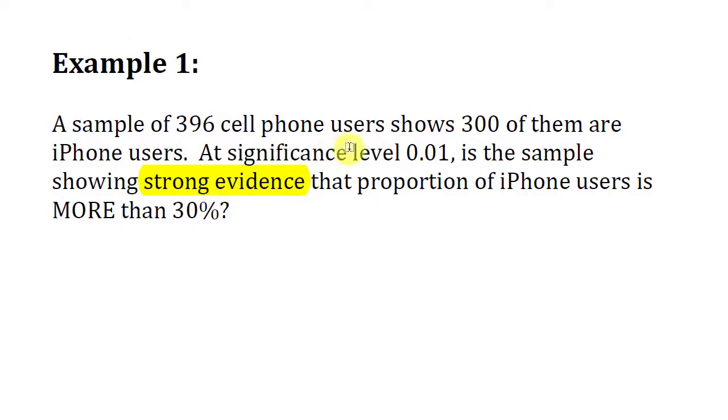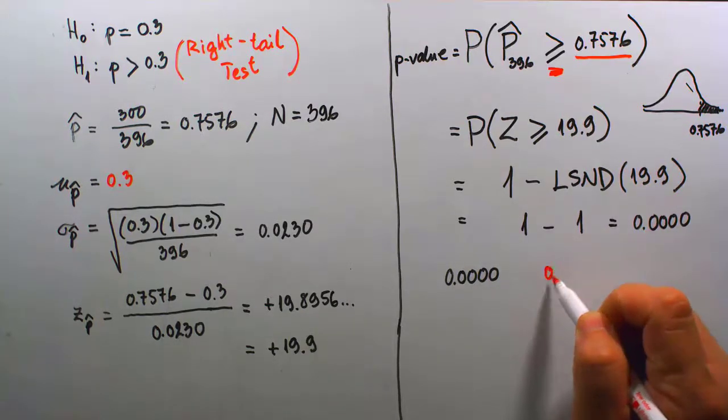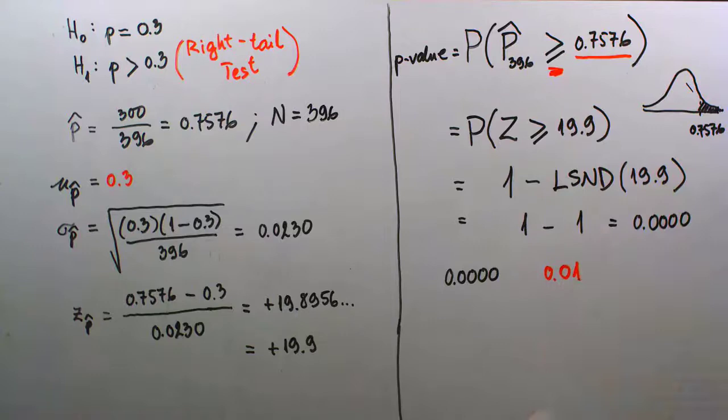Now this is the first time we are going to learn how to use this, what's so-called significance level. So with this significance level being given 0.01, I am going to compare our p-value that we previously calculated with this significance level given at 0.01.